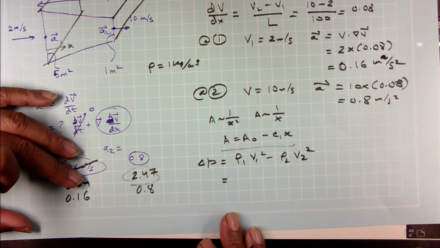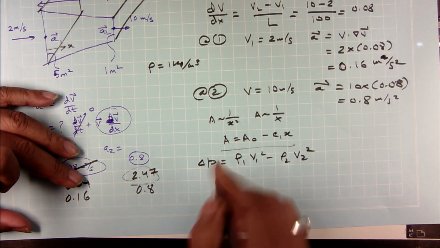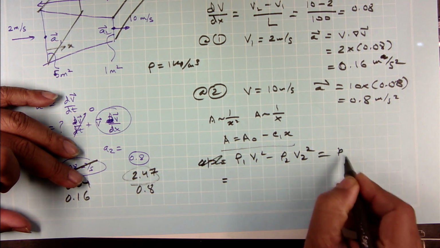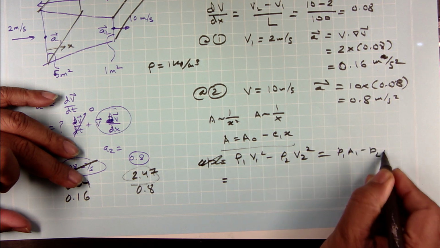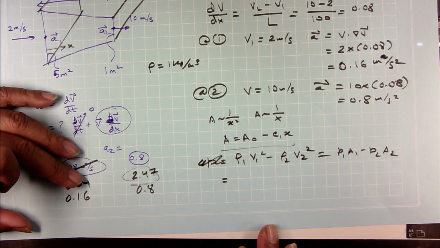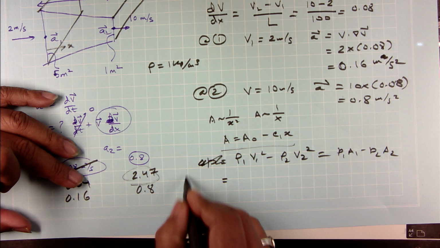You are right. That's where I was getting to. So then what should it be? That should be equal to P1A1 minus P2A2, right? Right. So then how do I do P1 minus P2?